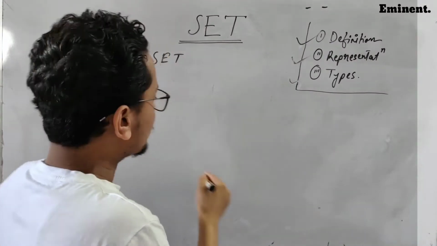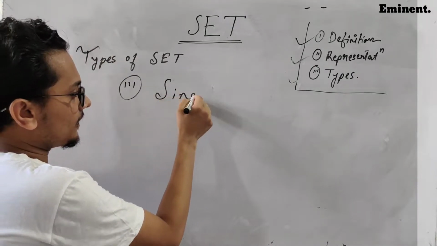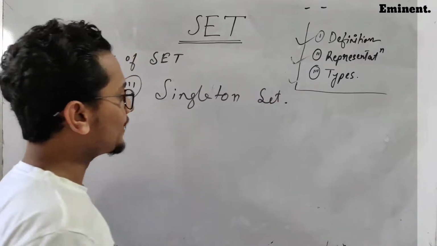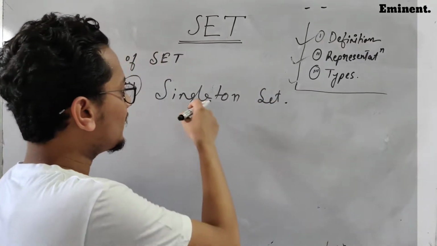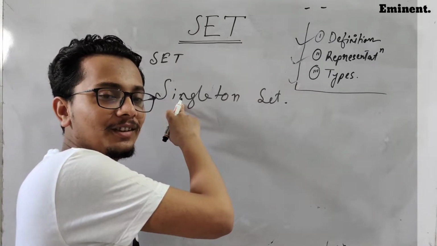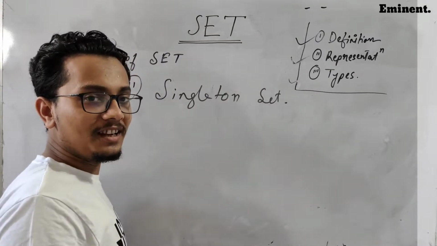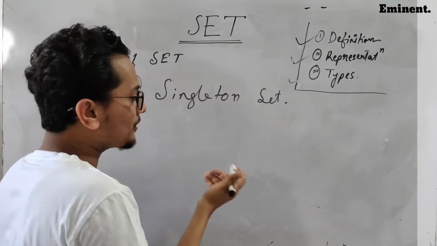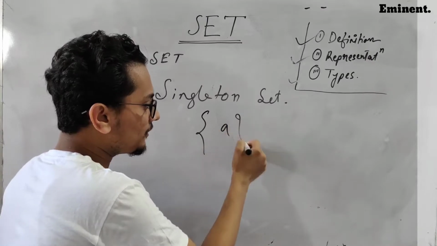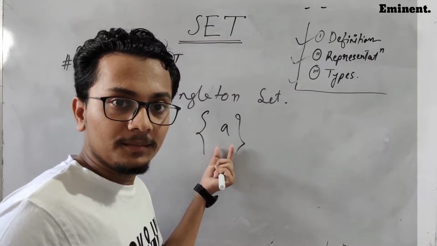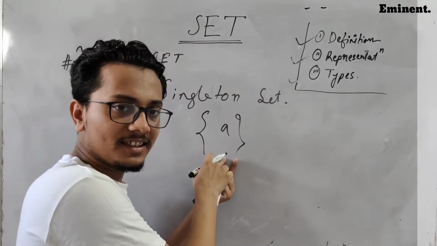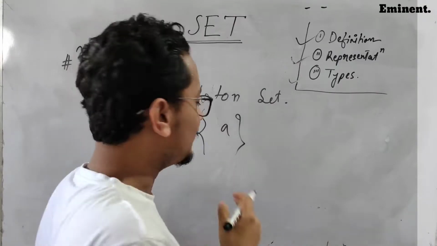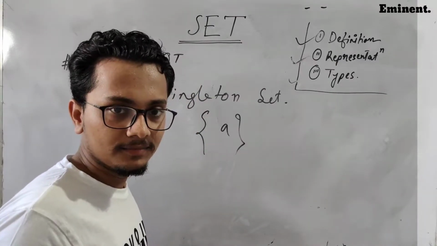Another interesting set is the singleton set. The meaning of this set is there in this word. What is written? Single. That means if only one element is there in a set, only a single element, then this will be a singleton set, right?